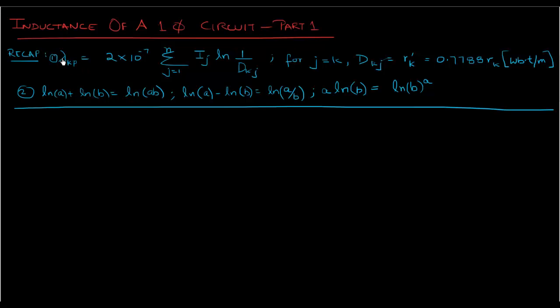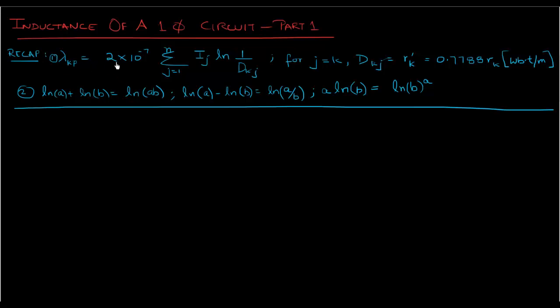What we derived from our last video was that lambda kp, the flux linkage for any conductor k in a group of conductors up to a point p, where we'd considered p to be infinitely far away, basically gave us the formulation for all the flux linkages for conductor k.